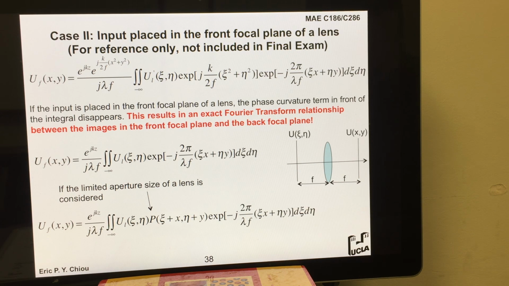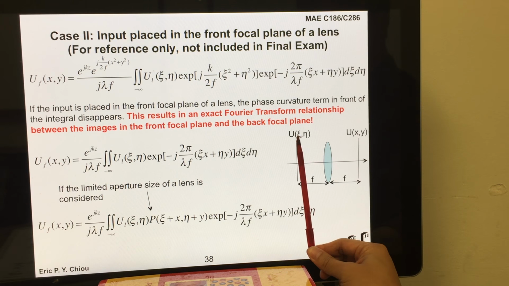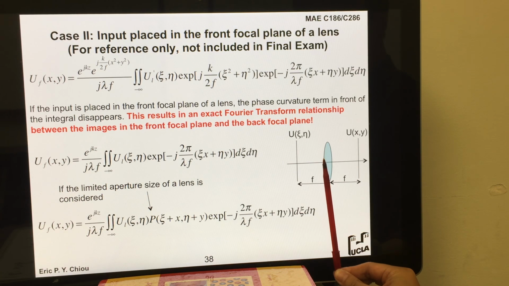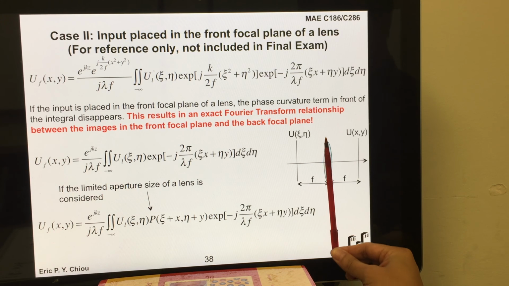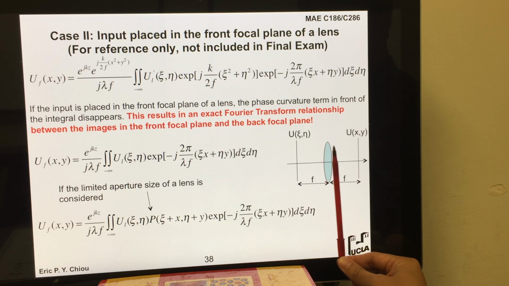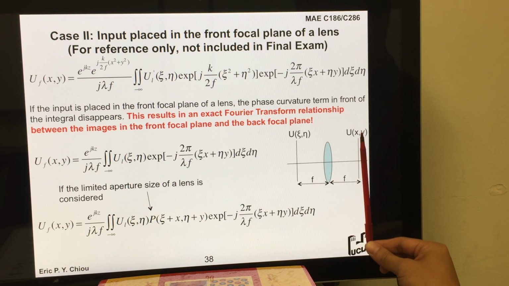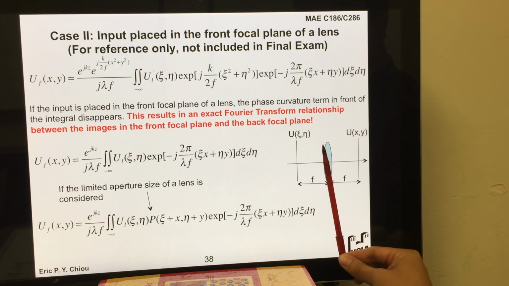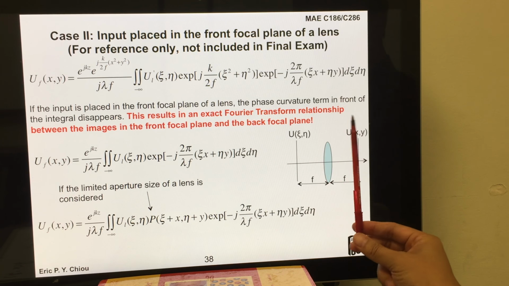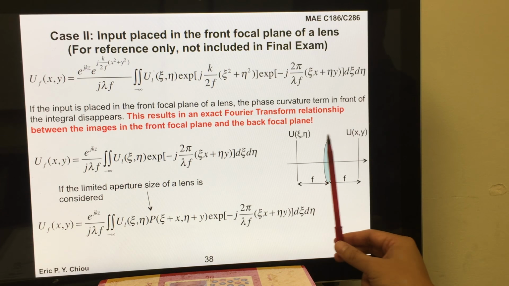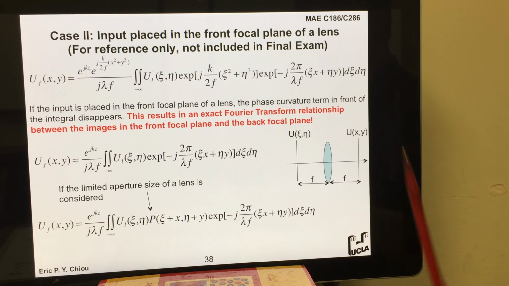In case one, we put the object plane right in front of the lens, and we are able to detect the Fraunhofer diffraction pattern in the focal plane. These two are pretty much just the Fourier transform. The amplitude is simply the Fourier transform.